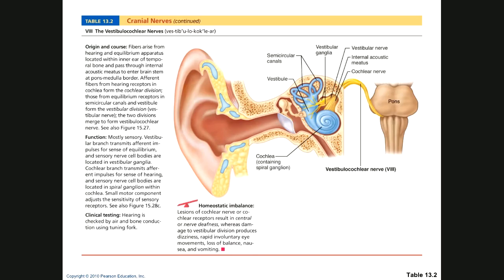So here's the inner ear right there. And this is balance information. This is auditory information. It exits the inner ear via the internal acoustic meatus. And from there, it travels towards the brain and goes in right in the medulla at the base of the pons. So this is a sensory nerve.